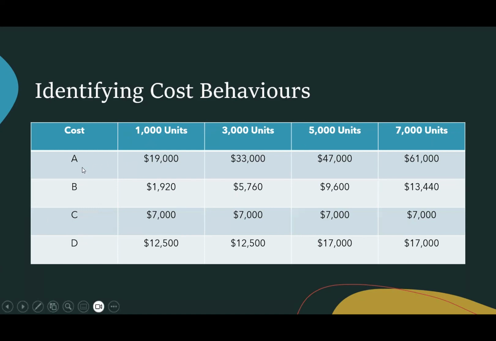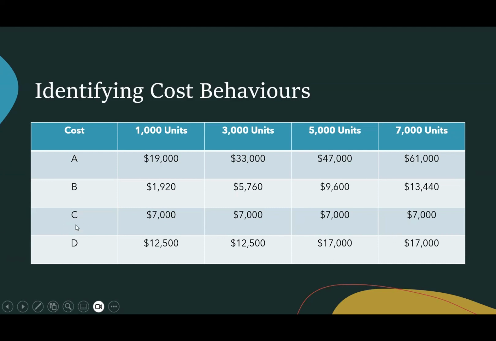Now, the first cost is 19,000, 33,000, 47,000, and 61,000. So based on the numbers, I have to identify what type of behavior this cost is showing. The second cost, B, is 19,200, 57,600, 96,000 and so on. C, if you see, remains 7,000, 7,000, 7,000, 7,000.